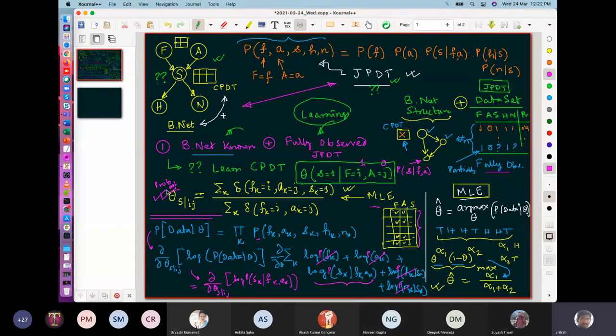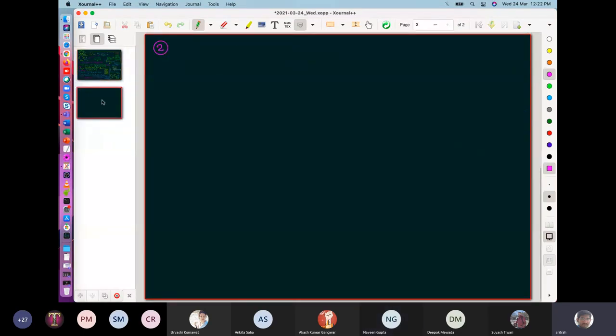So the next thing, as you can easily predict, is that I have a Bayes net given, plus a partially observed joint probability distribution term.